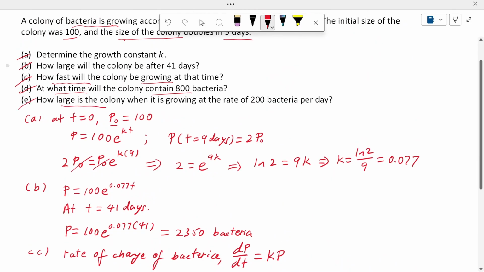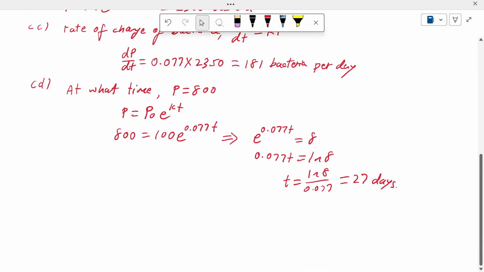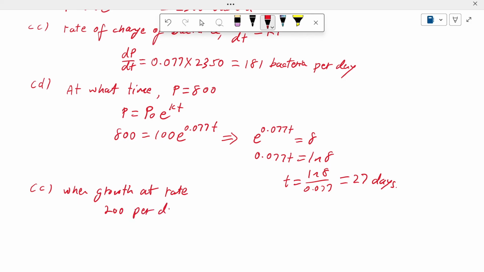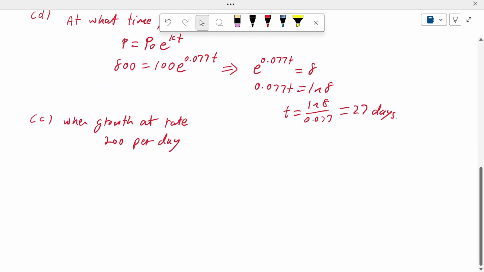How large is the colony when it's growing at a rate of 200 per day? If it's growing at a rate of 200 per day, what is the size of the colony? Okay, so when growing at a rate of 200 per day, we want to find the colony size, meaning that dP over dt is equivalent to 200, and that equals kP.